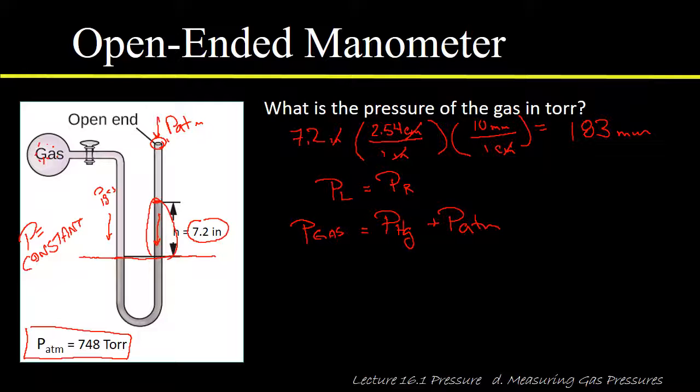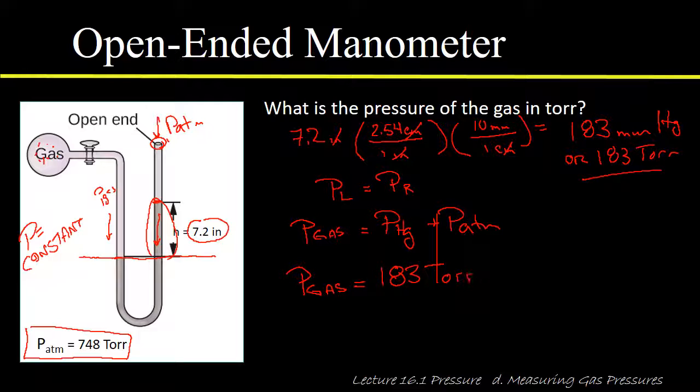Okay. And since that is the height of the column of mercury over here, on this side right here, 183 millimeters, this is the pressure in millimeters of mercury, or 183 torr. Okay. So the pressure of the gas then is just the pressure of that mercury column, 183 torr, plus the pressure of the atmosphere, which is given to us here in the problem.